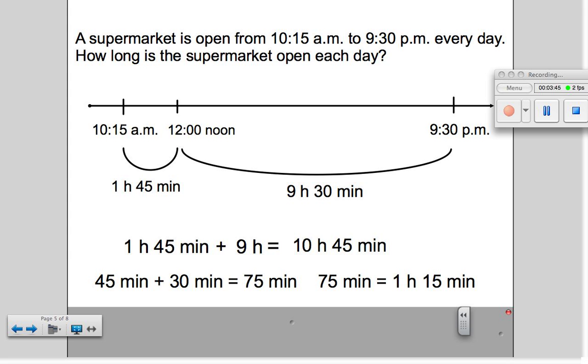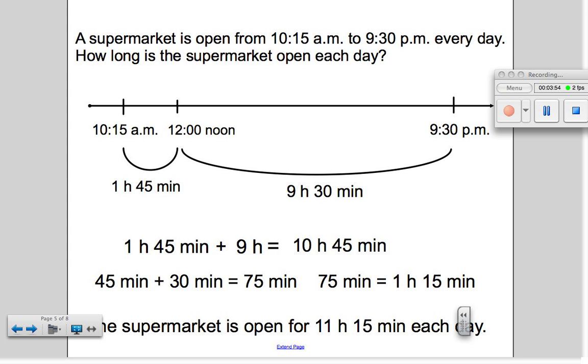I know that 60 minutes equals 1 hour, so I can now say we have 11 hours and 15 minutes. The supermarket is open for 11 hours and 15 minutes each day.